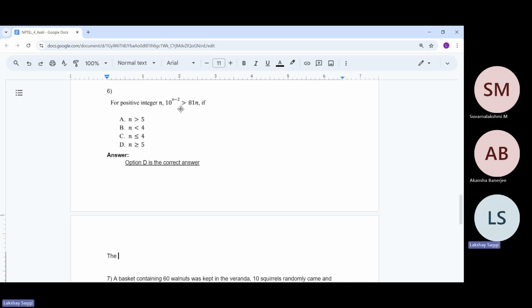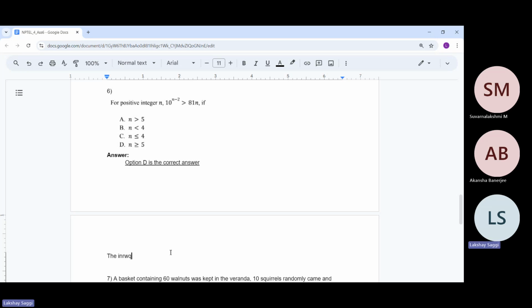And for n equal to 4 also, this will be smaller. Because for n equal to 4, this will be 10 raised to the power 2, which is 100, whereas this will be more than 100. But for n equals 5, this will be 10 raised to the power 5 minus 2, which is 1000. And this will only be 450. So then this inequality starts to hold true.